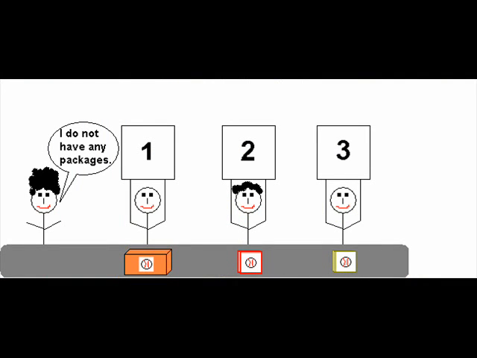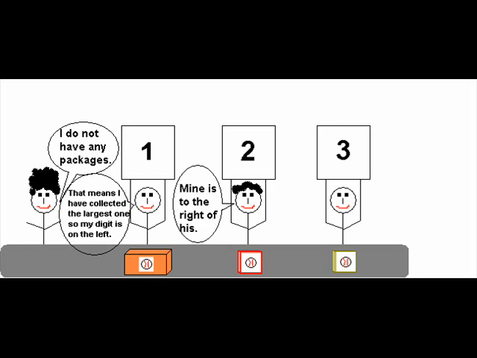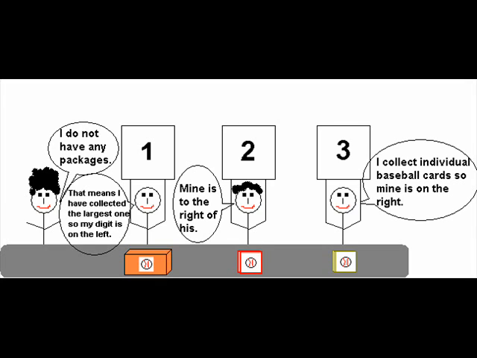Now the representation of the number is then formed by joining together everyone's digits, assembling them in order of the size of the package that the person collects, with the leftmost digit representing the number of largest packages that have been formed, and the rightmost digit representing the number of individual items being counted.